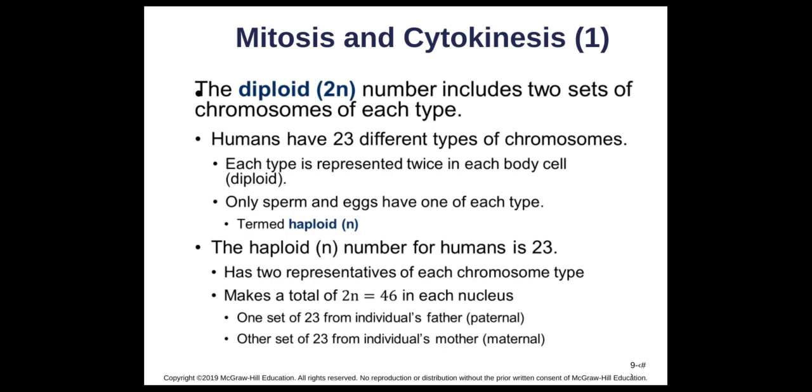They only have 23 chromosomes. So that is haploid. When we look at the math of that, 2N is 46 in each nucleus, one set from the dad, one set from the mom. If we look at sperm and eggs, we would just see 23 chromosomes present.